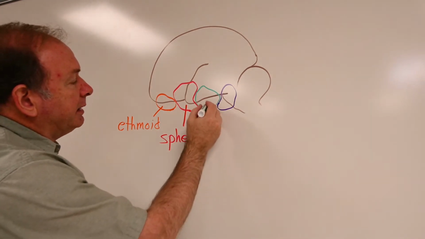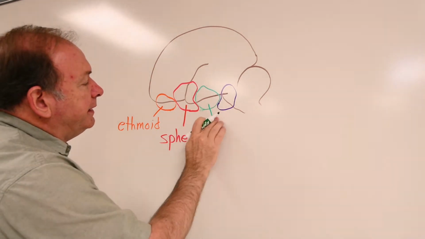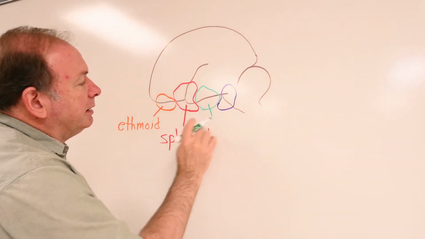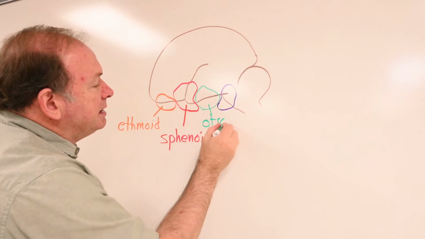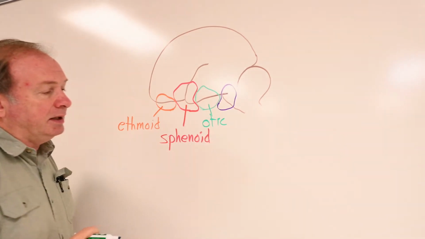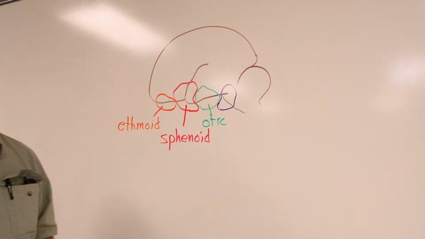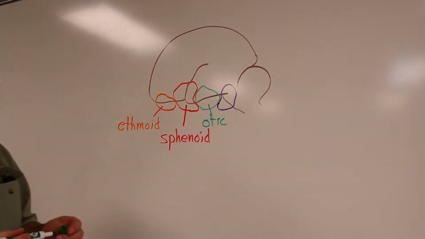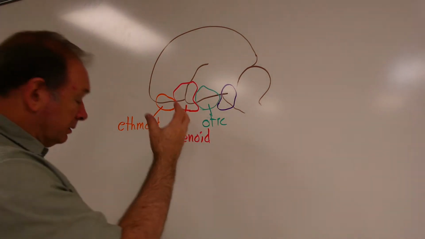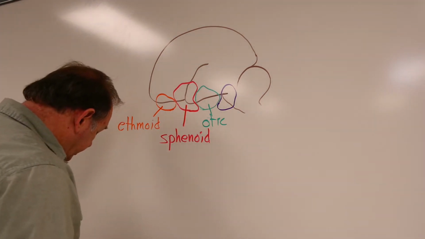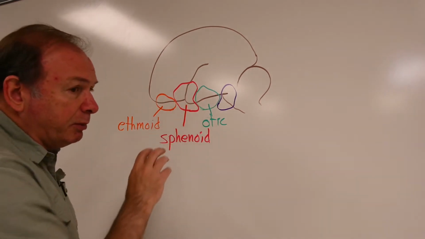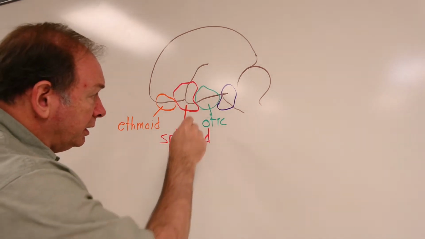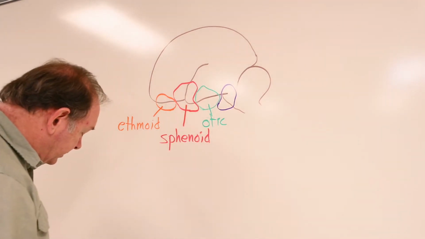Next, this part in green here is referred to as the otic, O-T-I-C, center of ossification. It becomes part of the temporal bone. Other bone will be added to the temporal bone, so the temporal bone will be made of more than one kind of bone. But anyway, that's the otic center.